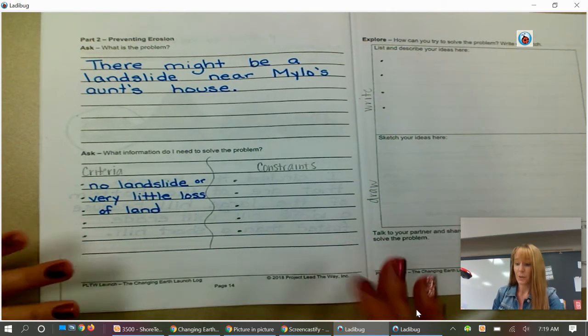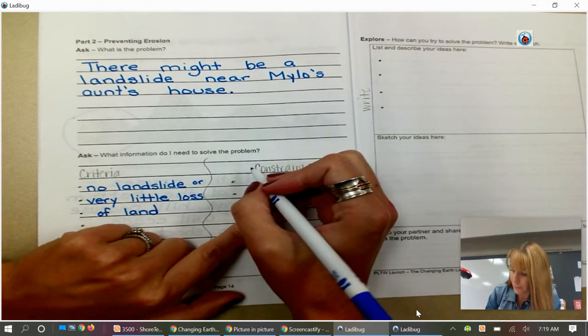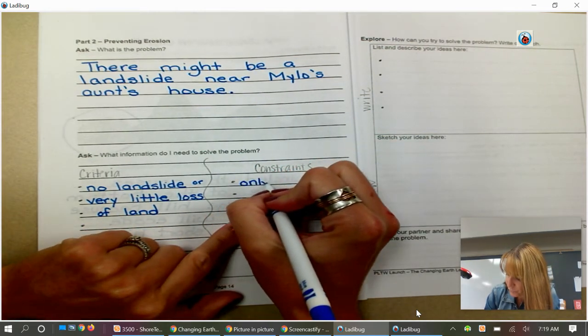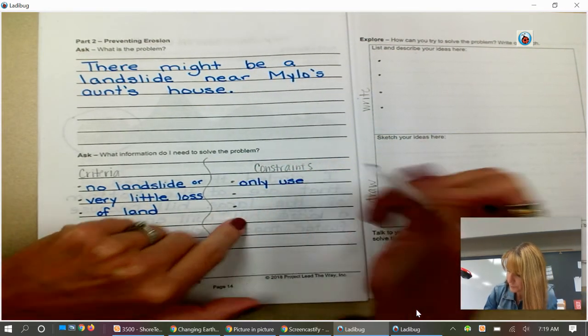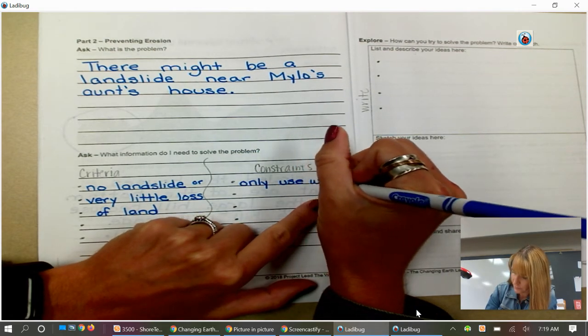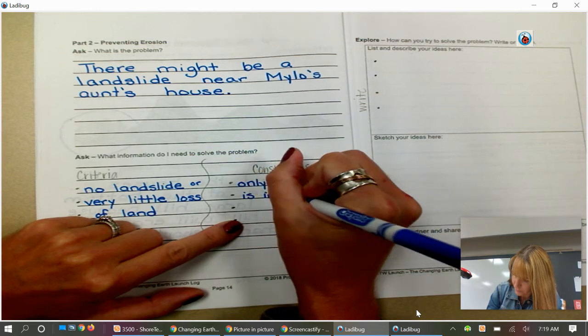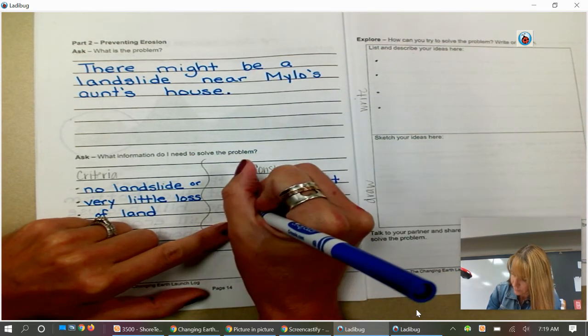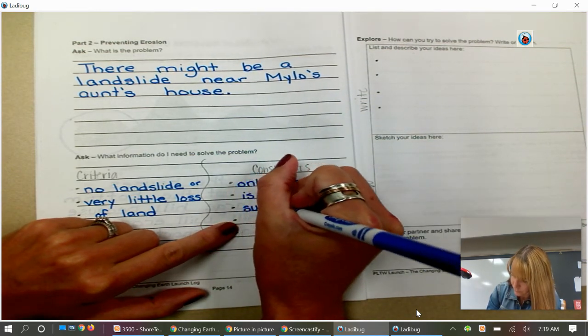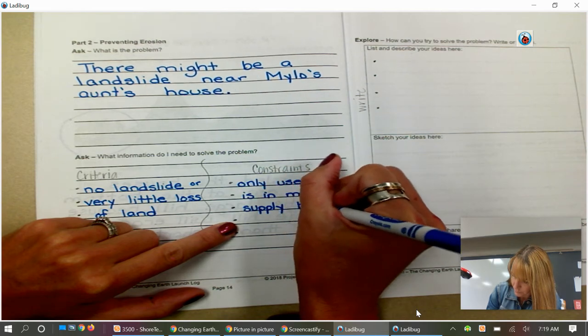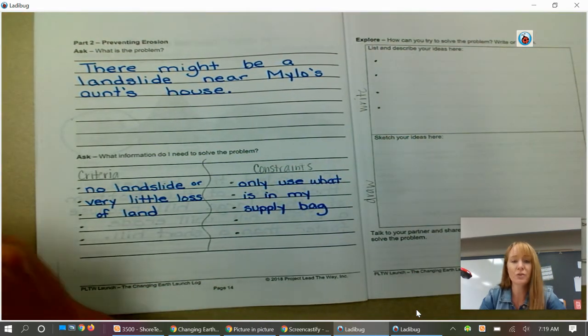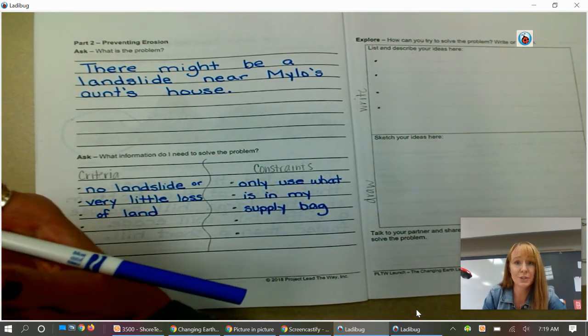You can only use materials in your bag. That's pretty much our only constraint right now. You can only use what's in your supply bag.